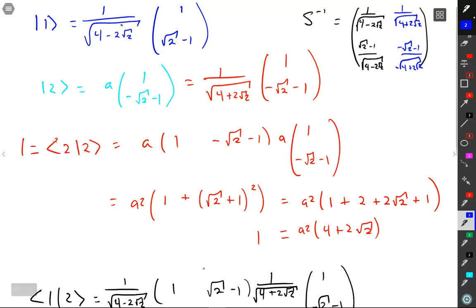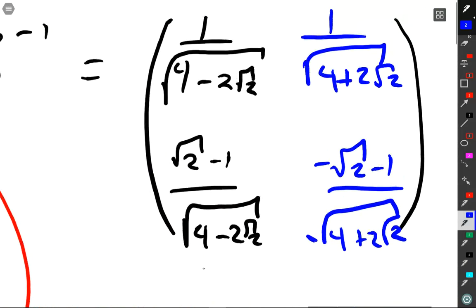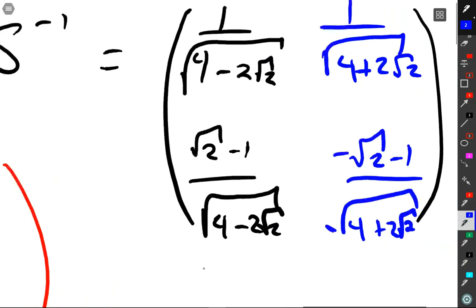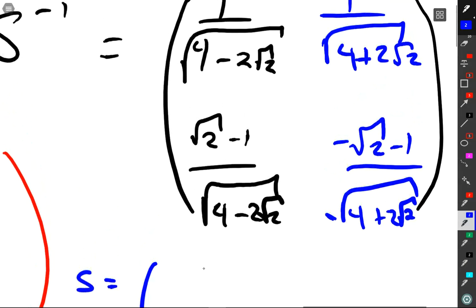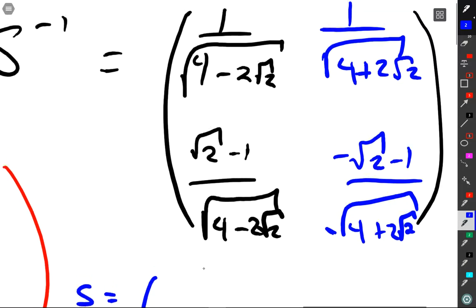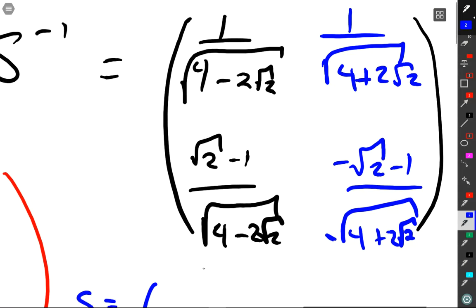That's my inverse transform. How do I make my inverse similarity matrix? How do I make my regular similarity matrix? So if that's S minus 1, how do I make S? I flip it, right.